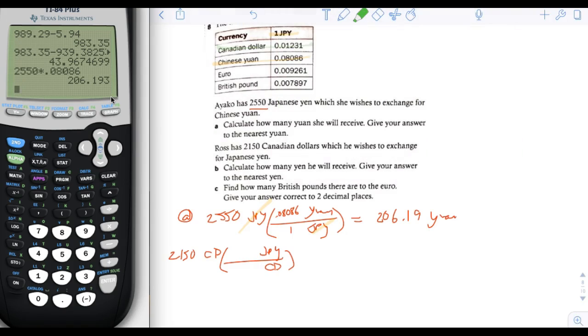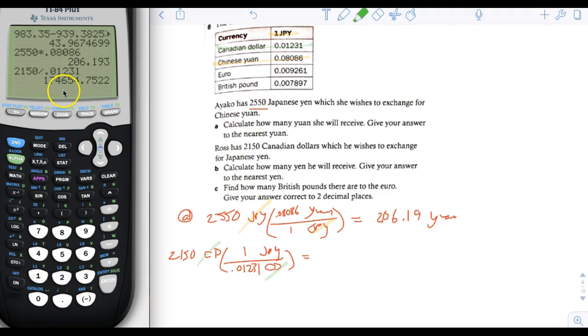Okay, so the Canadian dollar is 0.01231. So 0.01231 Canadian dollar, and Japanese yen is 1. So we're going to take 2150, and you see we put Canadian dollar on the bottom so that we could cancel it out. 2150 divided by 0.01231.